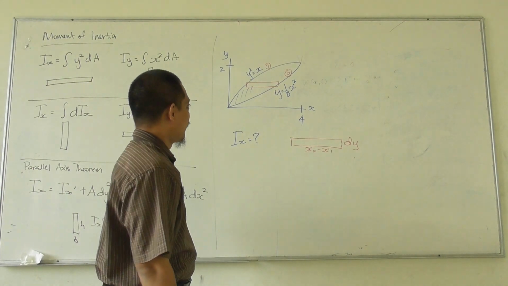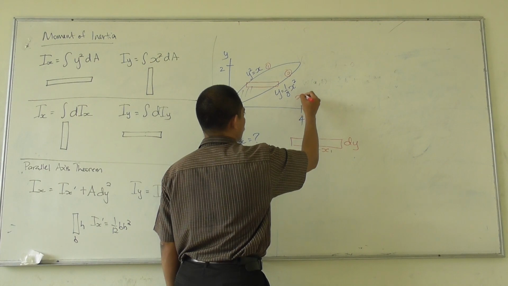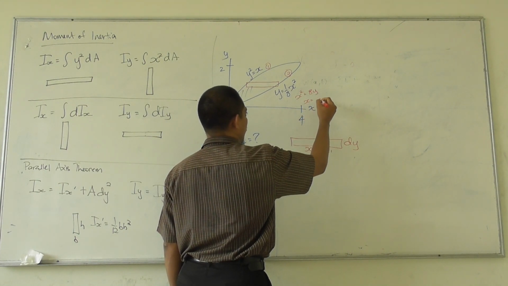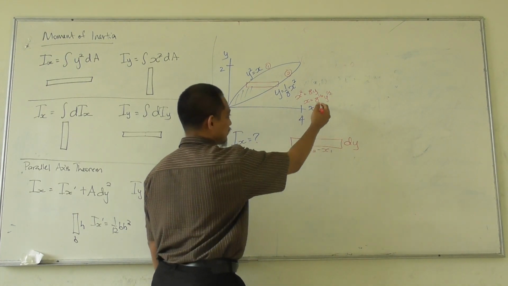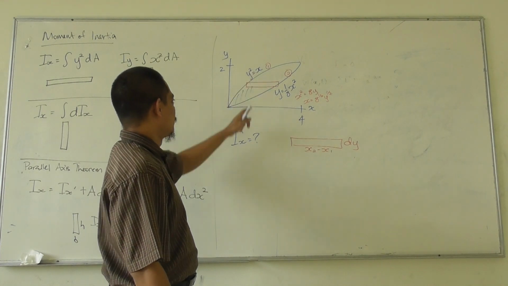right? Where x2 is, if we shuffle this one, x squared equals 8y, x equals 8 to the power of half, y to the power of half. This is x2, line 2. This one is x equals y squared.